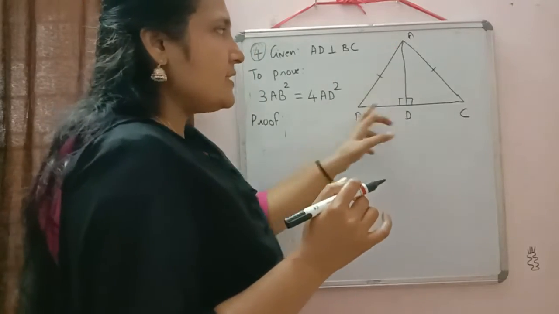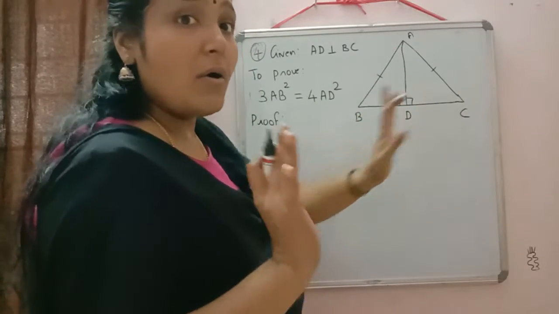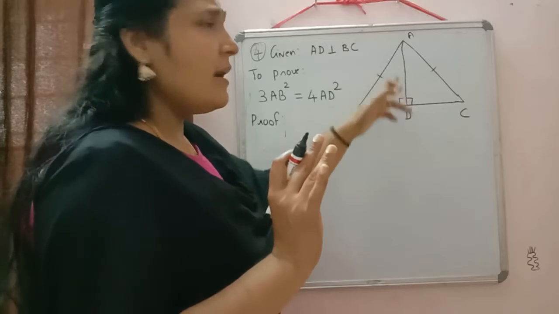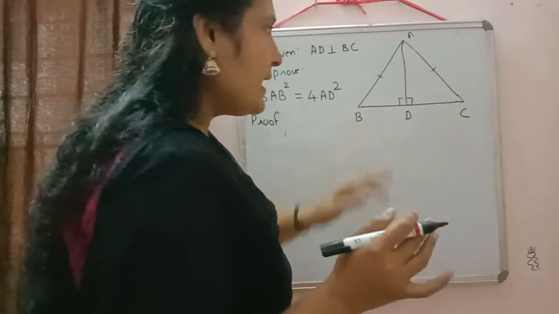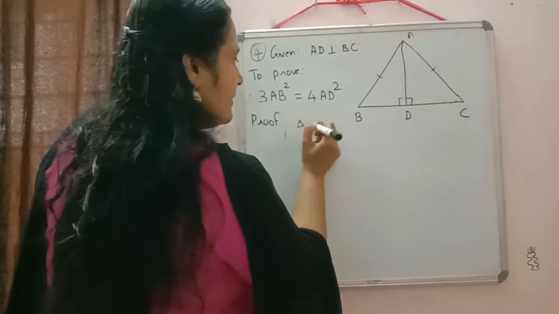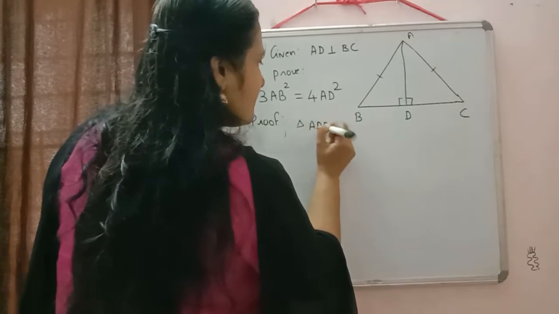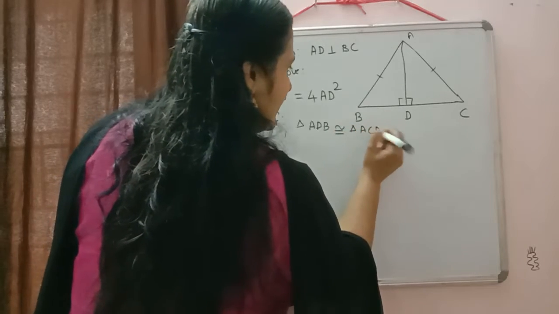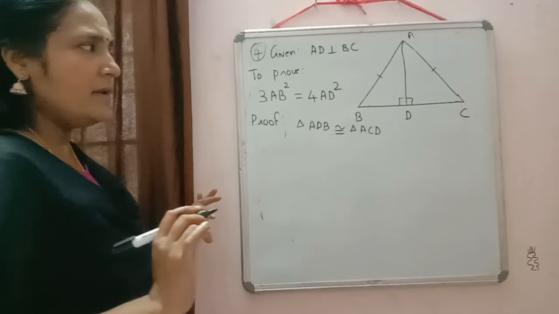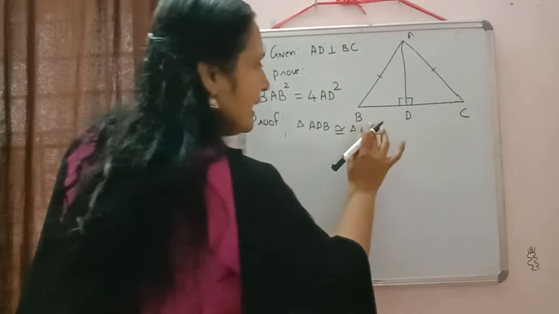So obviously these two triangles are congruent to each other by RHS congruency. Those steps we are not writing everything. Directly we are writing here triangle ADB congruent to triangle ADC.